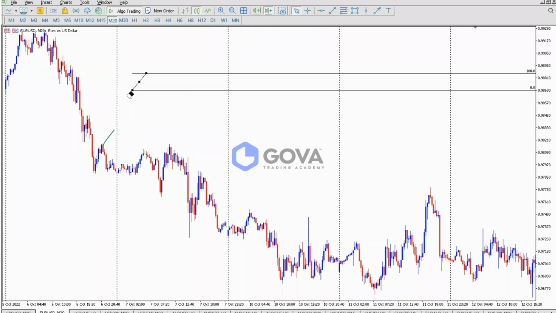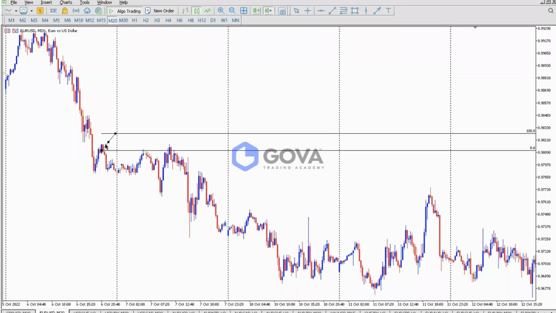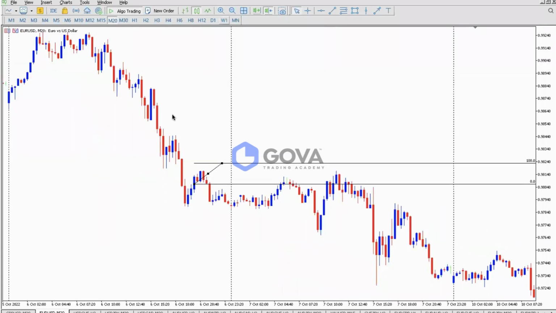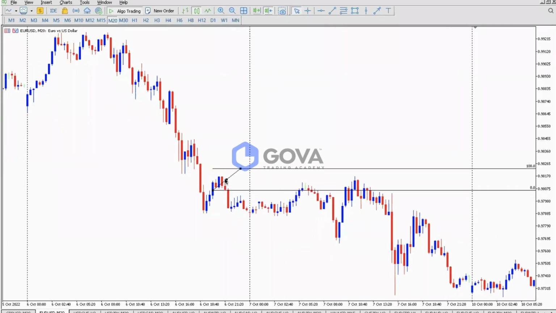Now, if you notice, let me zoom it out. This is our basing candlestick. These are our basing candlesticks. You can see that this bullish candlestick is not part of the basing. This bearish candlestick is also not part of the basing area, all right?